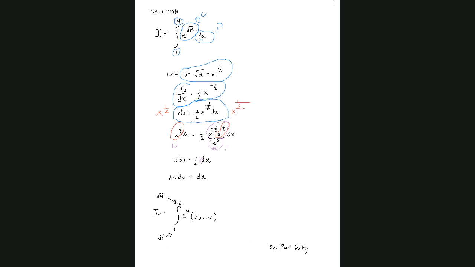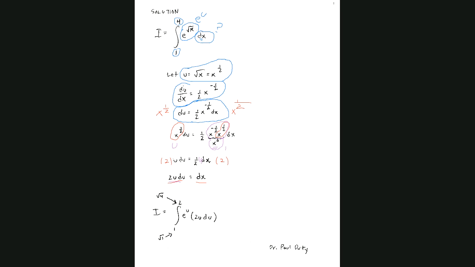And so it turns out that dx is going to be equal to 2u du. What I'm doing here, of course, is multiplying both sides by 2 for that equation. And so dx becomes 2u du, and now we have our new integral.